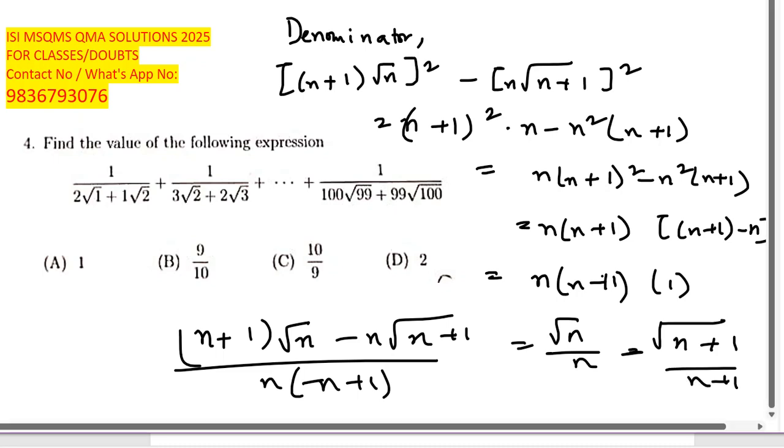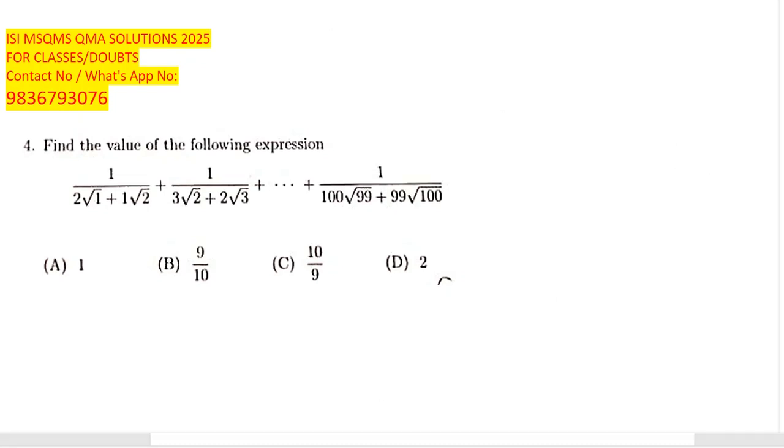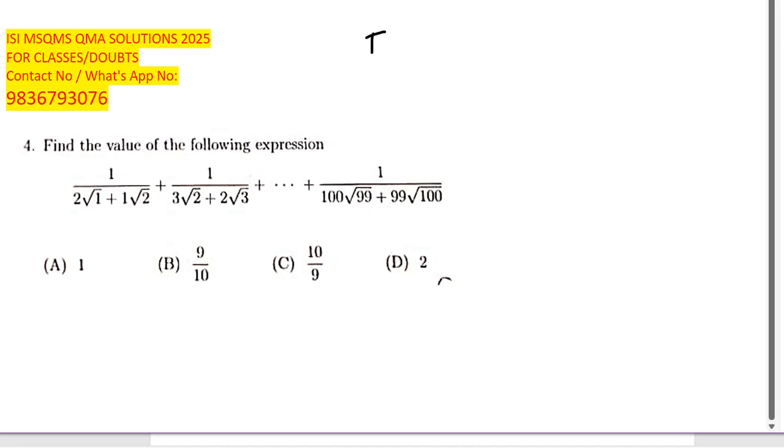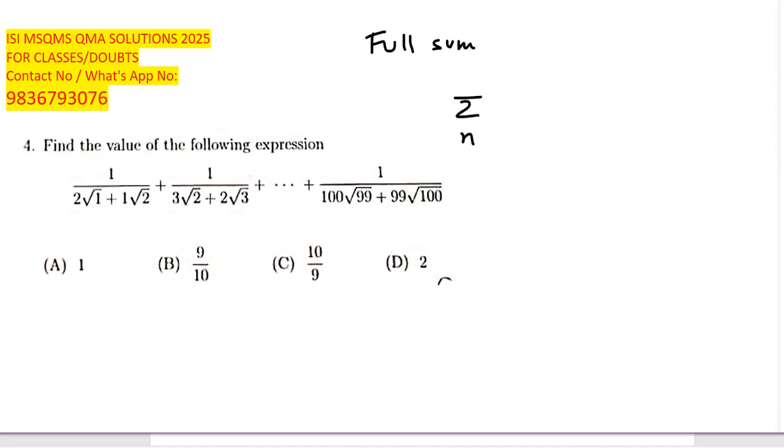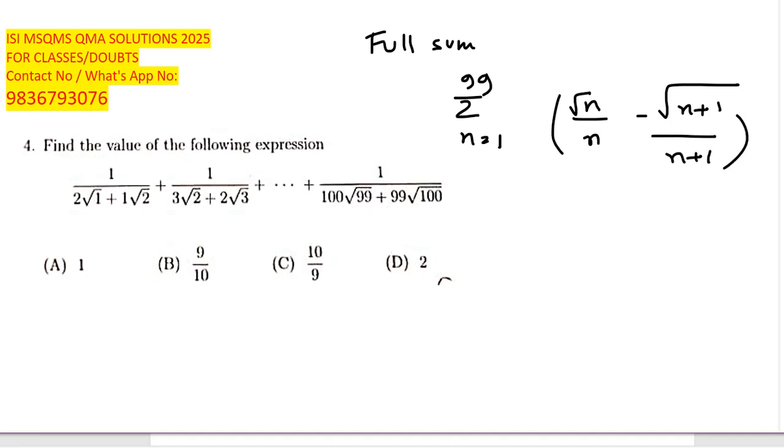So the full sum is the summation of n from 1 to 99 of root n by n minus root (n plus 1) by (n plus 1). So this is a telescoping series.